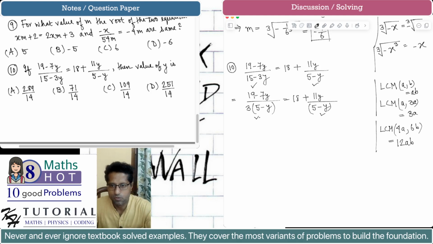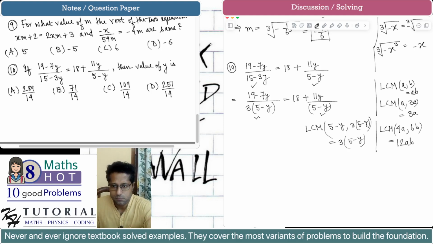Okay, so now we see that the equation is having two rational terms, where the denominators are 3 into 5 minus y and 5 minus y. So we can say that the LCM of 5 minus y and 3 into 5 minus y is equal to 3 into 5 minus y.